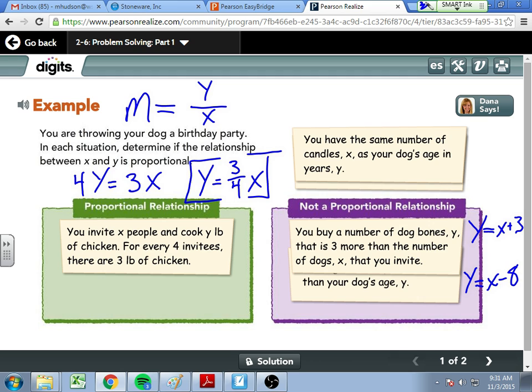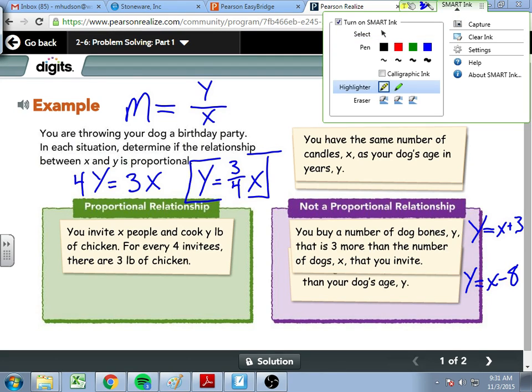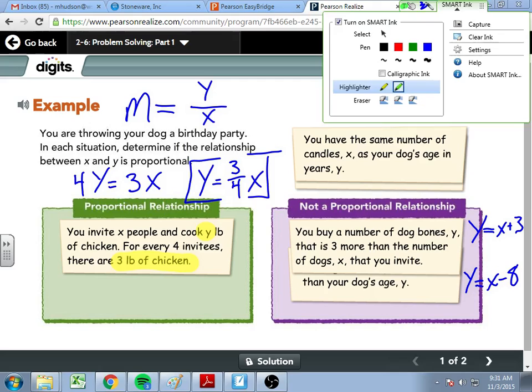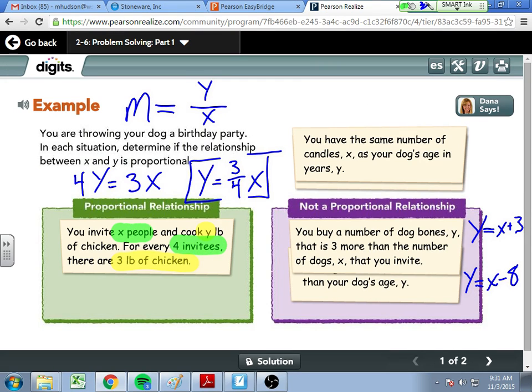The more times you write it, the more likely you are to remember it. So here, I was given 3 pounds of chicken, with Y being my chicken, and 4 invitees, with X being my people. So I knew that it had to be Y divided by X, my 3 over my 4. That will really help you in setting up the equations. I guess I'll leave that there for the time being.